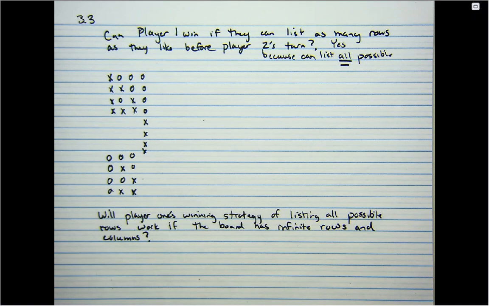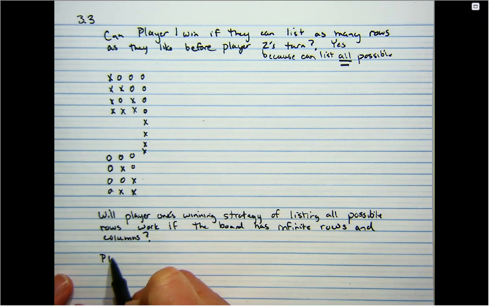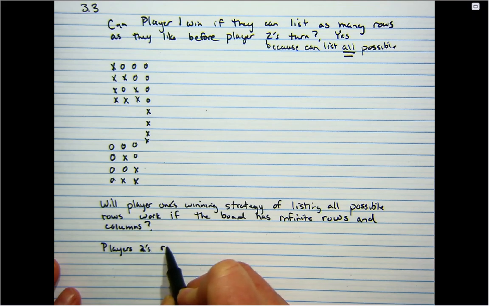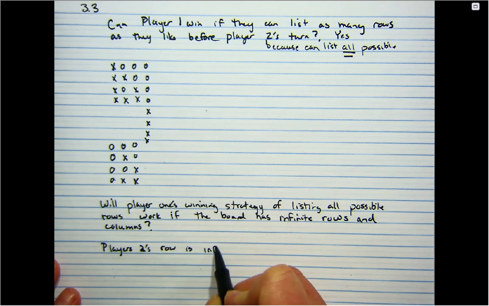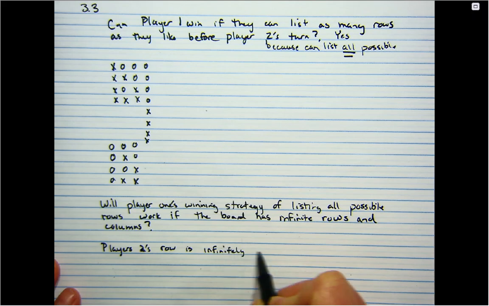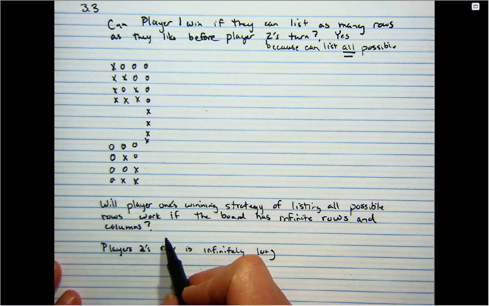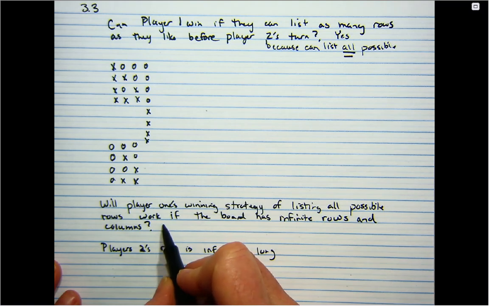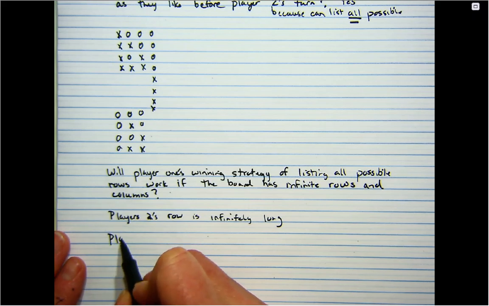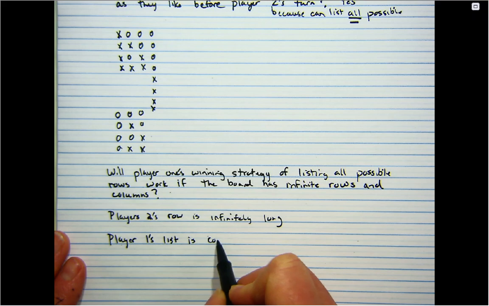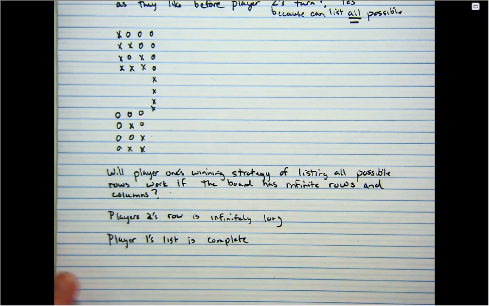So to clarify, player two's list is infinitely long too. And player one's list is done, okay? The list is complete. Now it's infinitely long, so this is a theory, an idea, right?